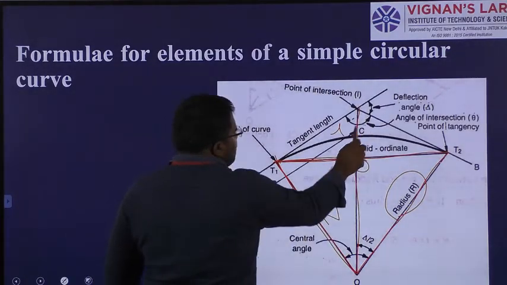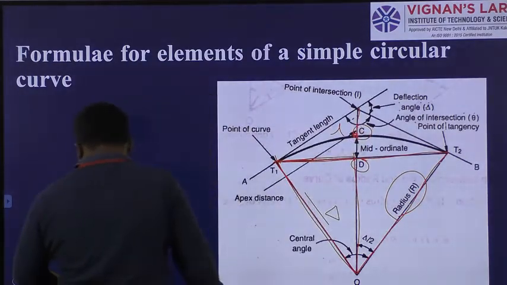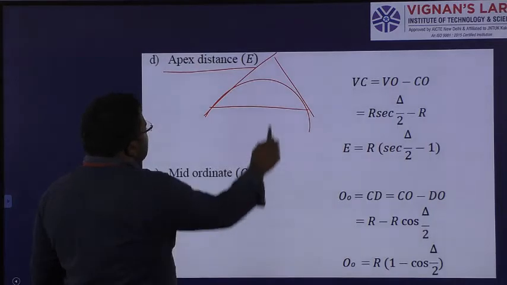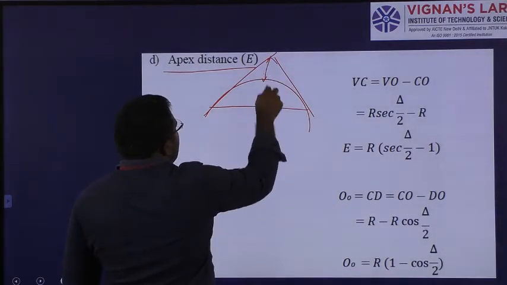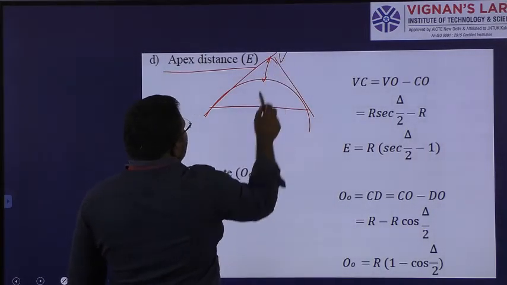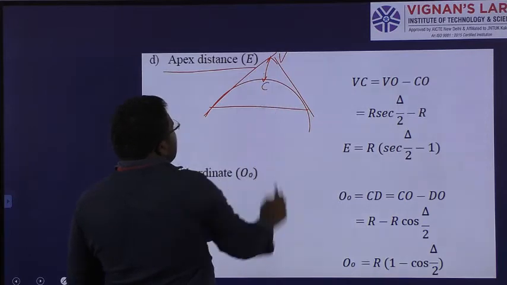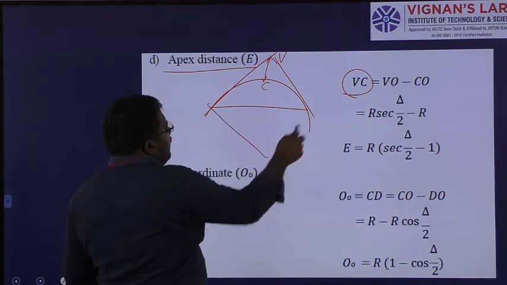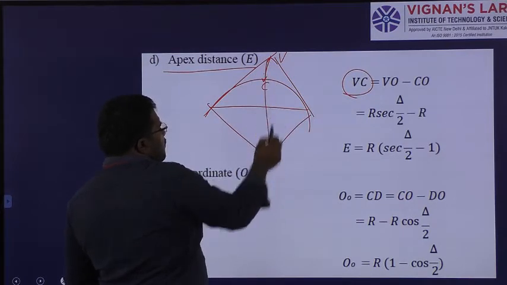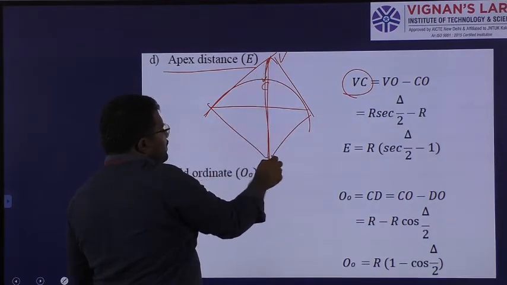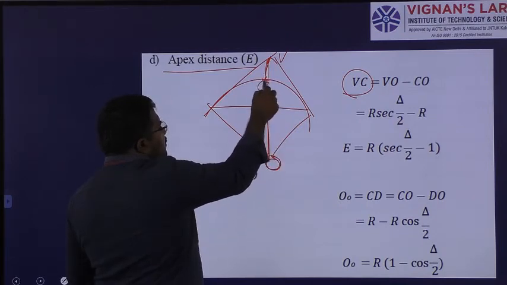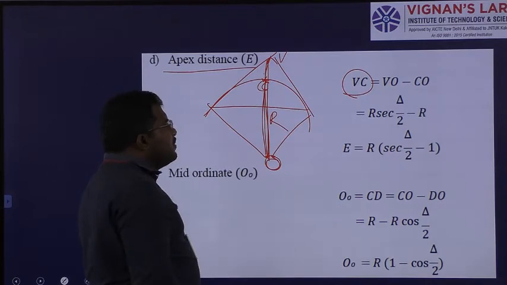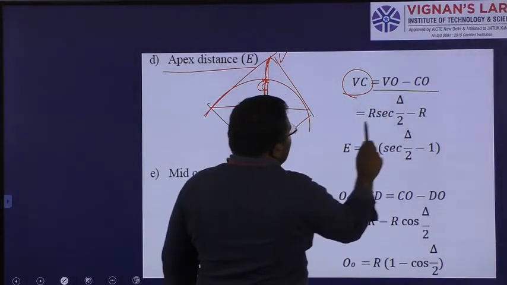The curve point is C and this is I. Here we take the intersection point as V and this point as C, so VC will be the apex distance. It is VO minus CO. CO is nothing but the capital R, the radius. So VO minus CO. What is VO?